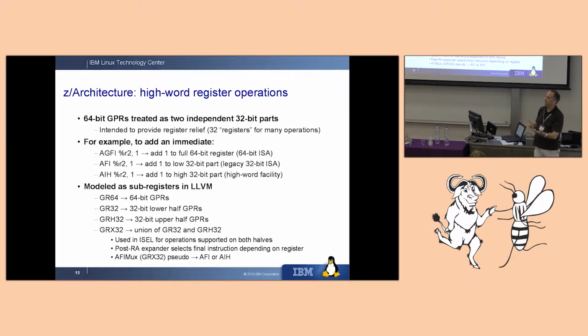That is one of the important pieces of getting good performance out of the machine. I'm not talking about the whole architecture, just wanted to talk a little bit about some of these weirder parts and see what we do to support them.